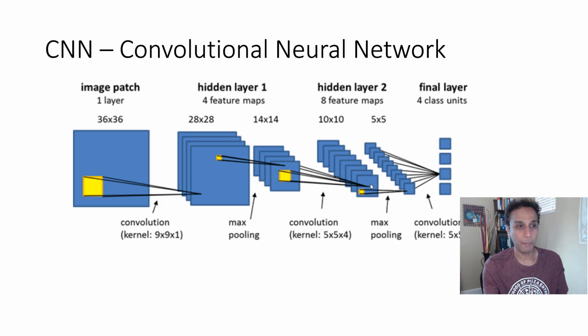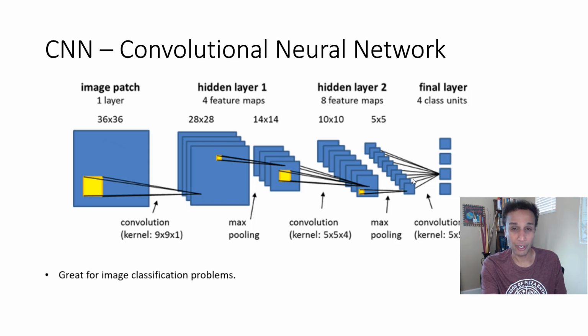By doing that operation, the size of your image goes down all the way to, for example, where you only have 4 class units. What does that mean? This unit gives you the probability of this being a cat. This one can be the probability of your image being a dog, and so on. So this is how you build a classification engine using your convolutional neural networks.